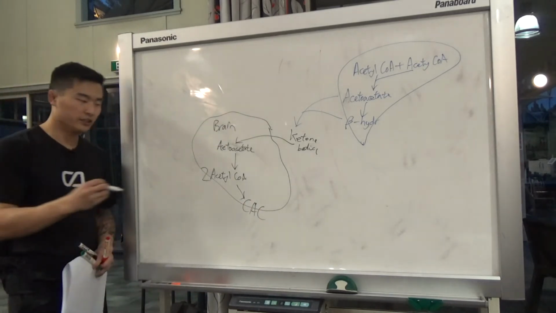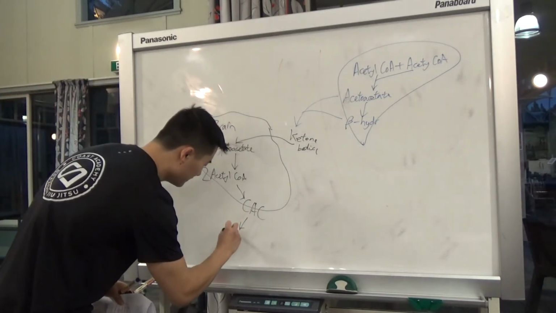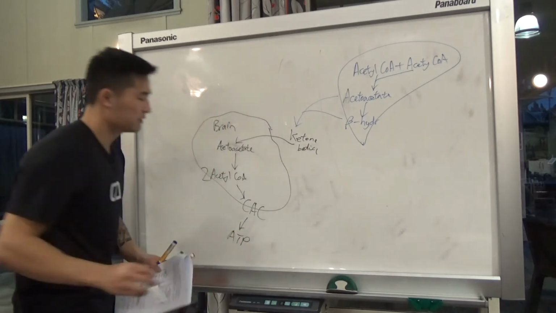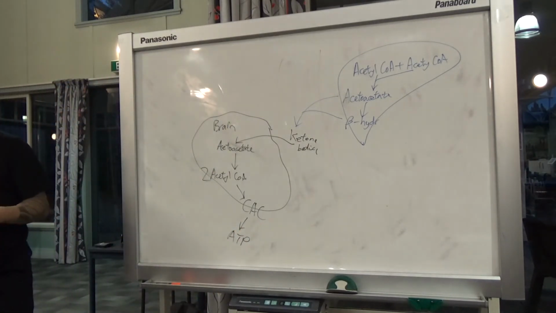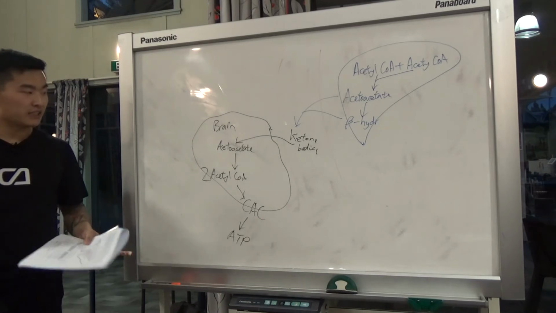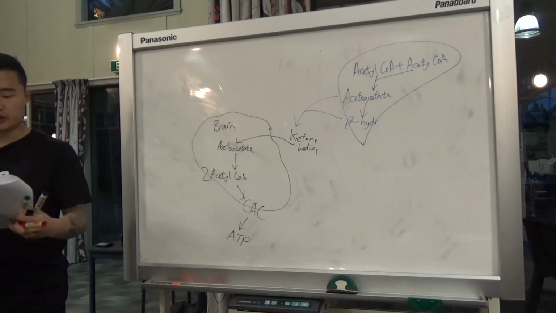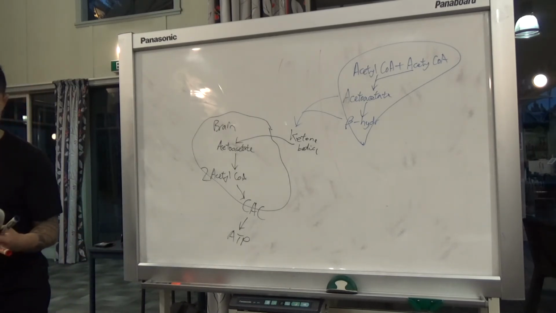And then turned into ATP. All right. And that means that we now need less glucose to be produced.